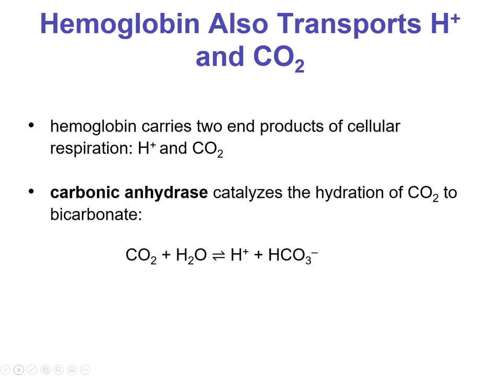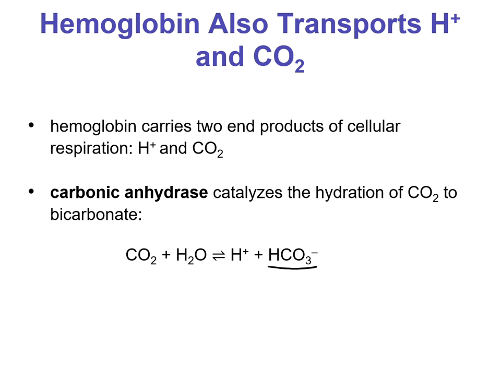Hemoglobin can also transport hydrogen and carbon dioxide. Those are two products of respiration. We're going to talk about respiration a lot when we get into metabolism. Carbonic anhydrase is an enzyme that catalyzes the hydration of carbon dioxide to bicarbonate.